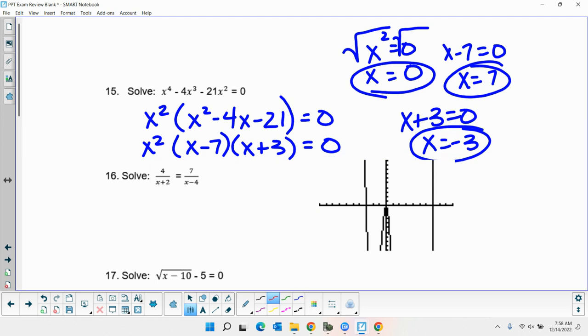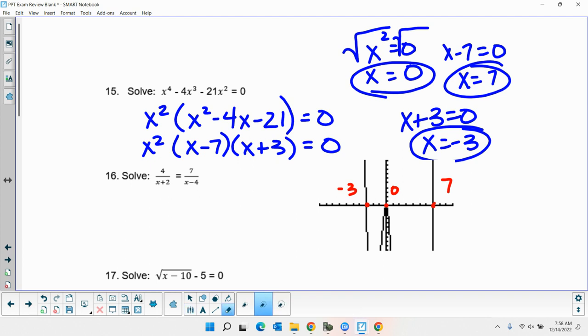Okay, so at this point, there's your -3. It hits right there. There's your 0. And it crosses there. There's your 7. We could do them that way too. All right. I like factoring if I can factor it. And then again, if it says a certain way, you should do that way.